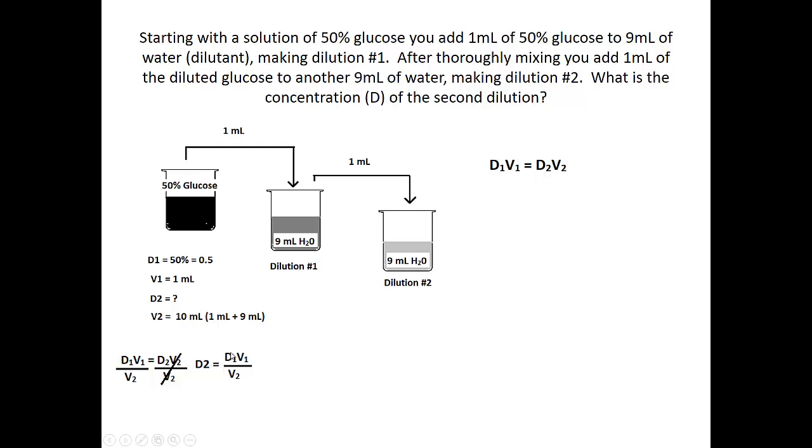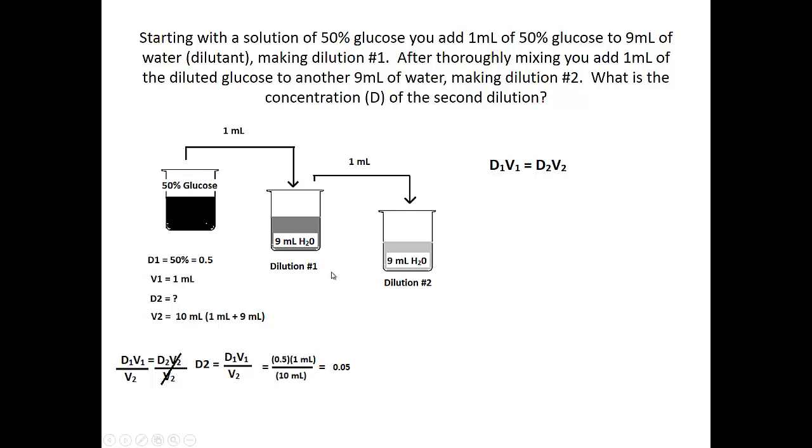So D2 is equal to D1 V1 over V2. Now with these variables, we can put into that equation 0.5, 1 ml for V1, and the total volume for V2, 10 mLs. We take 0.5 times 1, that gives us 0.5, and we divide that by 10 to give us 0.05. So that means the first dilution is going to be equal to 0.05.